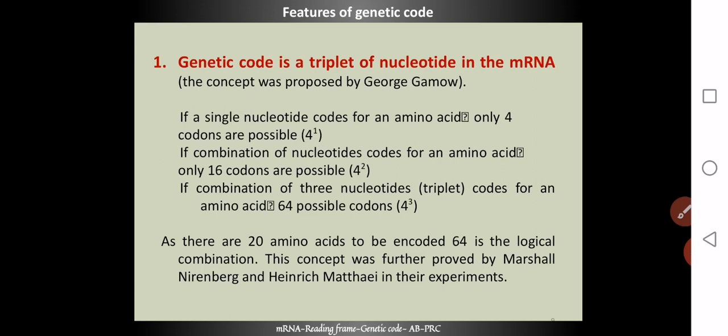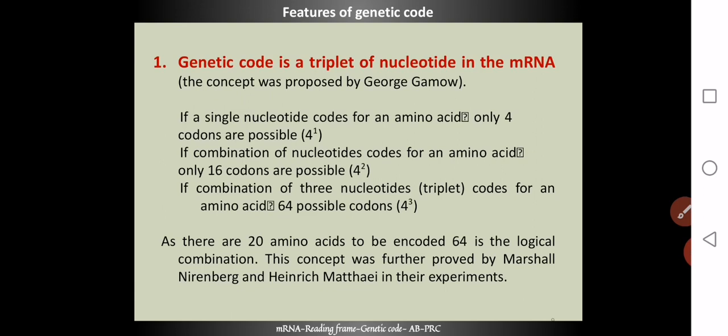All right. Then the second possibility is a combination of 2 nucleotides. If 2 nucleotides together code for an amino acid, let's see what the possibility is. What is the total number of codons available? It will be 16. So 16 codons will be there, and so 16 amino acids are possible in total.